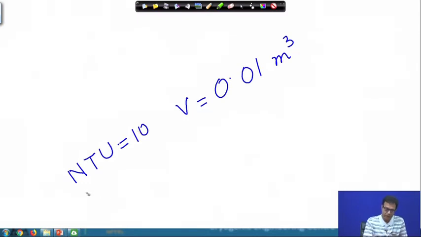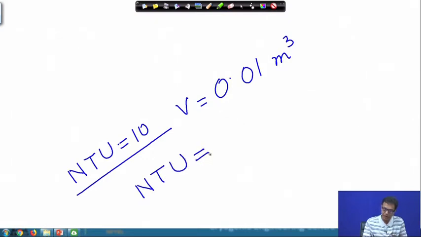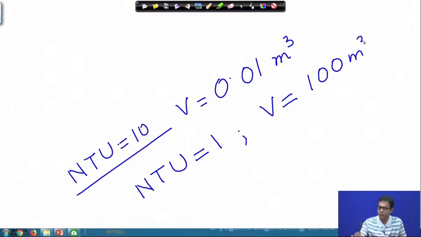So, in another case, in a chemical plant, a shell and tube heat exchanger may have an NTU of 1, but it may have an overall core volume of say 100 meter cube.